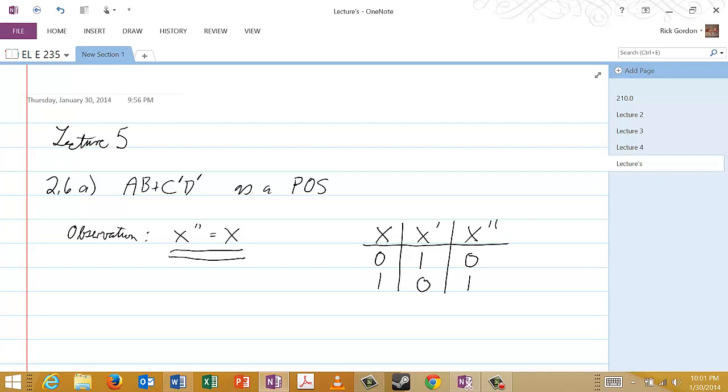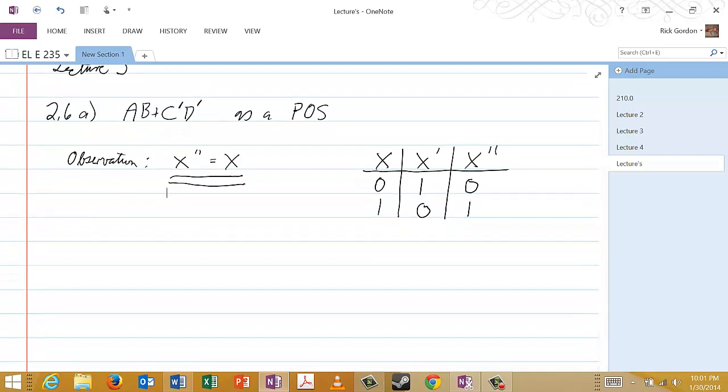Now the reason that I made this observation is that one convenient way for converting a sum of products form into a product of sums form is to use the fact that the complement of the complement is the variable itself. So let me show you what I'm talking about.